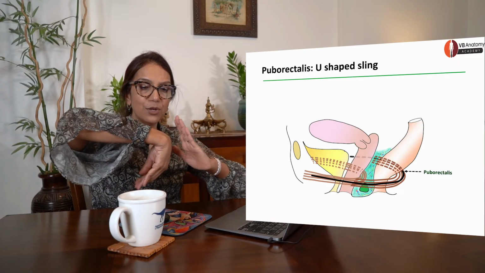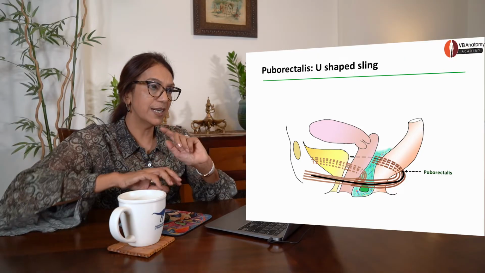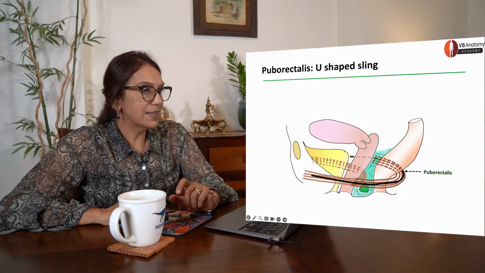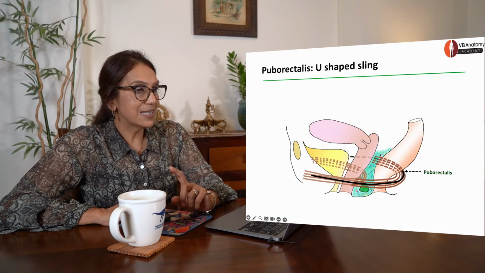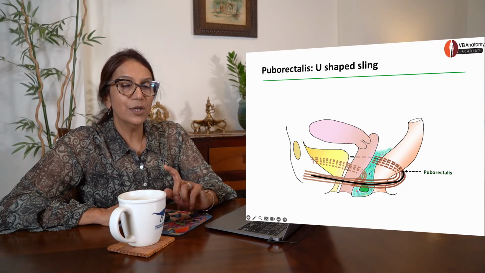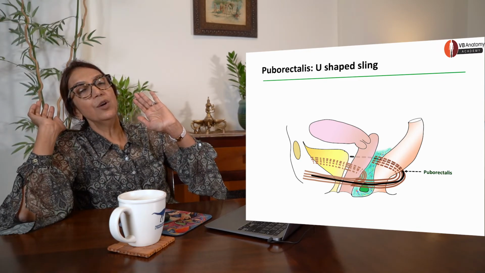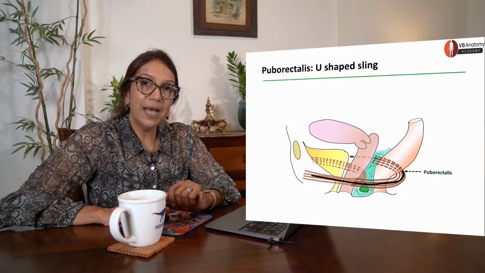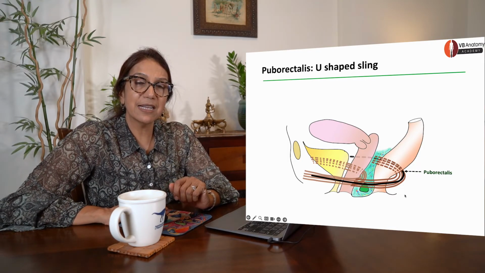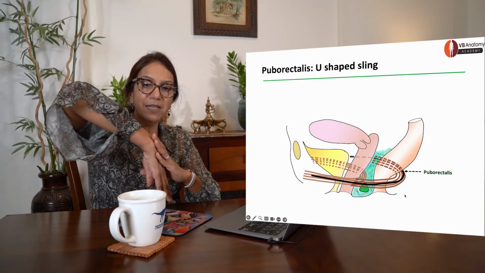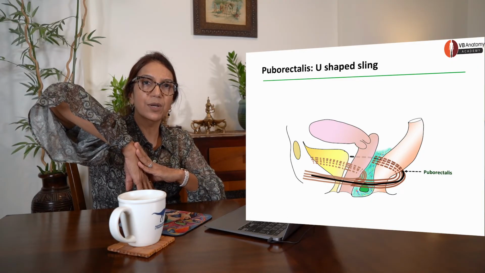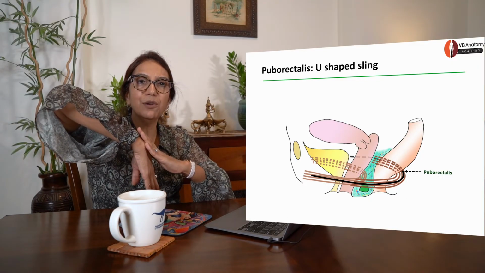So what happens? Your vagina comes and rests on it. Take a look. Can you see the vagina resting on the rectum here, separated by the fascia in between? So the vagina is resting like a king on the rectum. What happens if the puborectalis is cut? The angle between the rectum and anal canal straightens out. Now the vagina does not have an angle to rest on.